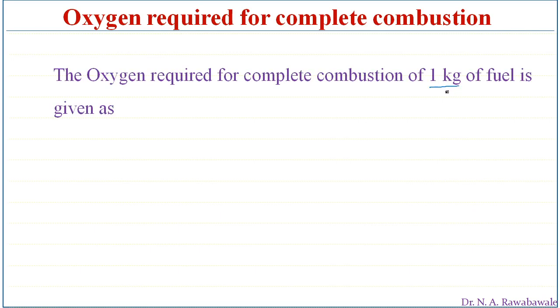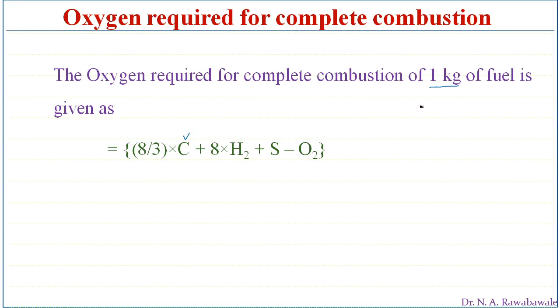If 1 kg of fuel is taken and that fuel contains carbon, hydrogen, nitrogen and oxygen, how much oxygen is required per constituent of the fuel? Say 1 kg of fuel is taken, and out of that, C grams, or in fraction, C kg of carbon is present in 1 kg of fuel.